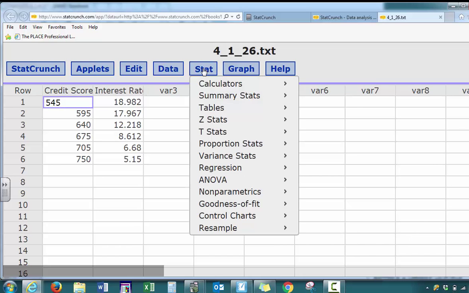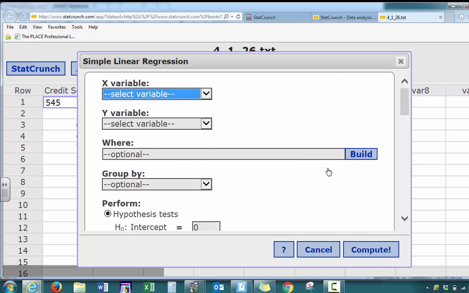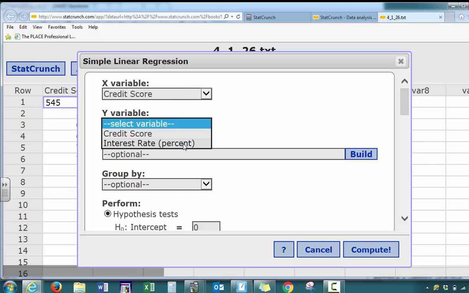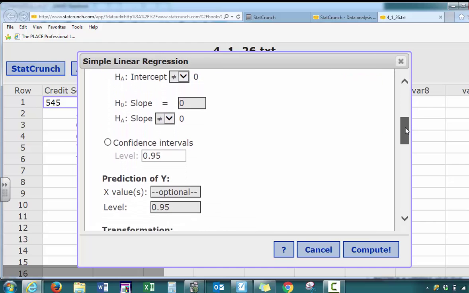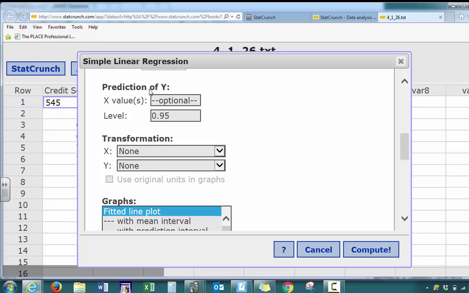So we go to Stat and we go to Regression. We want simple linear. Our X variable is our credit score. Our Y variable is our interest rate. We can do hypothesis testing with these values, confidence intervals. We don't get to that until chapter 9. We can do prediction of Y. So our X value we wanted to predict was 545.